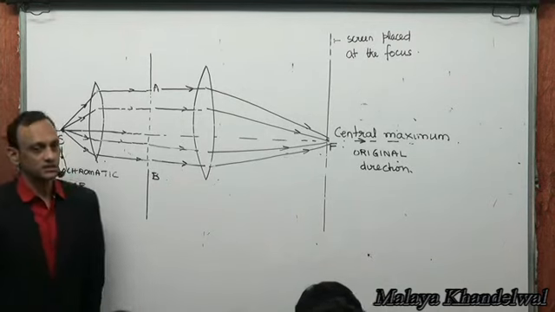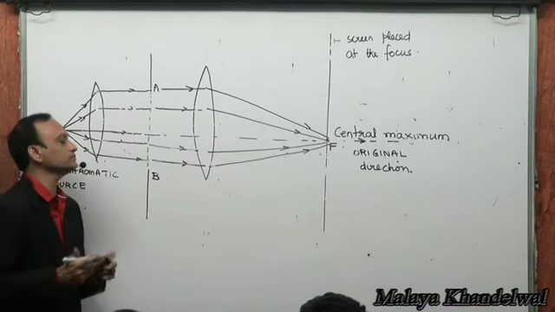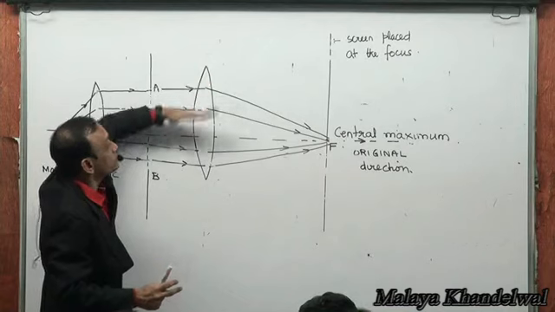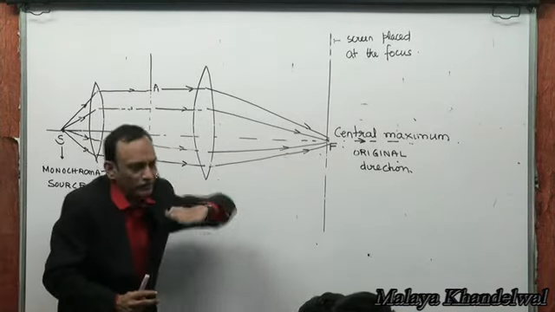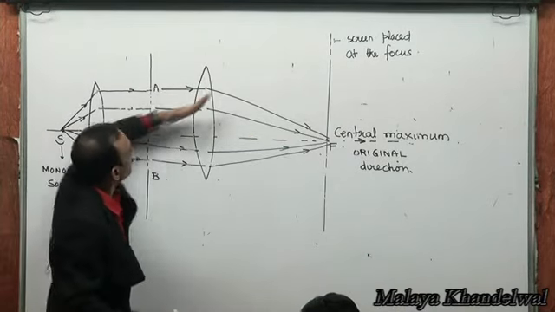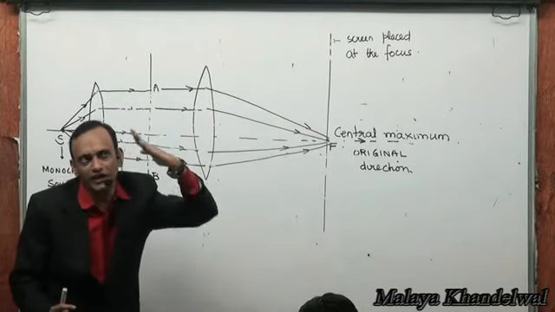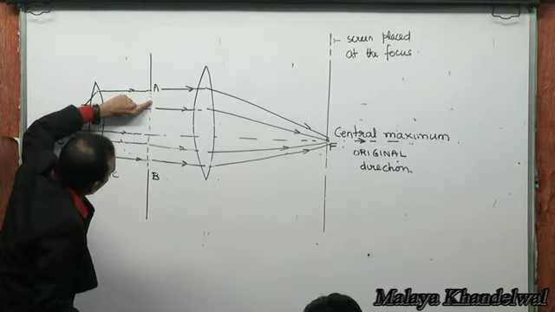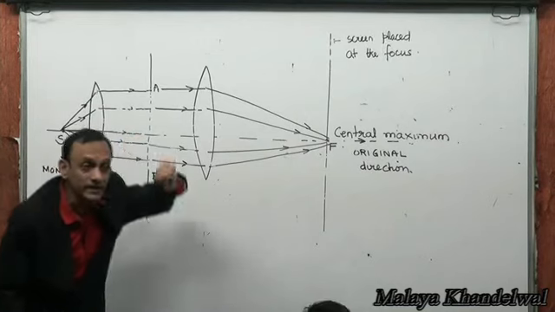Now, having said this, so this we understand. There is a central maximum. There is also energy which diffracts from every particle here at an angle theta with respect to the original direction, right? There will be a beam, not parallel to the original direction, but diffracted at an angle theta with respect to the original direction, emanating from every single independent source between A and B. Yes or no?